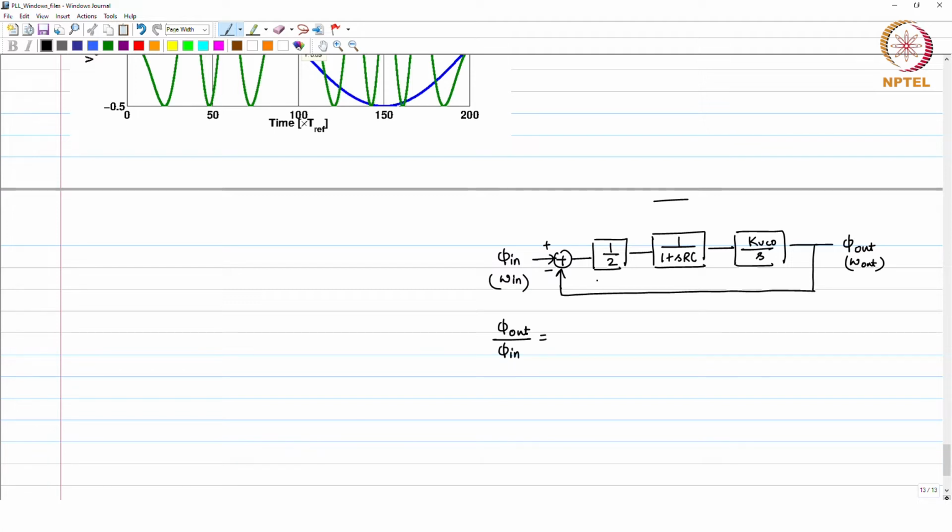So, the loop gain is equal to the multiplication of all these blocks.